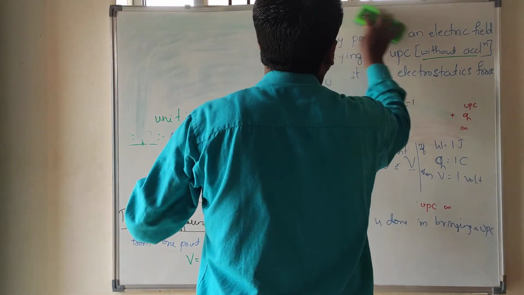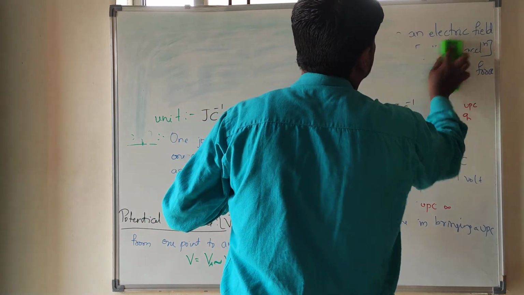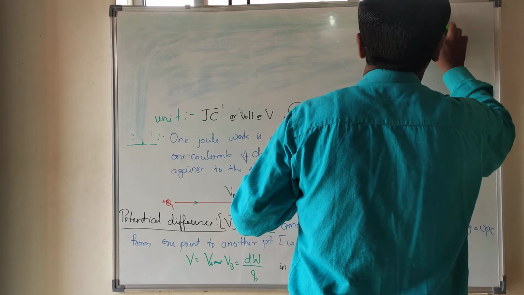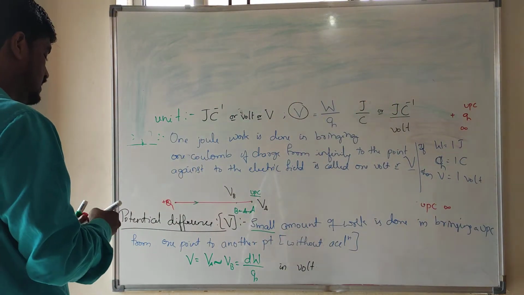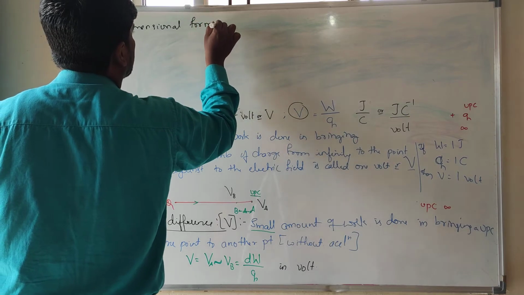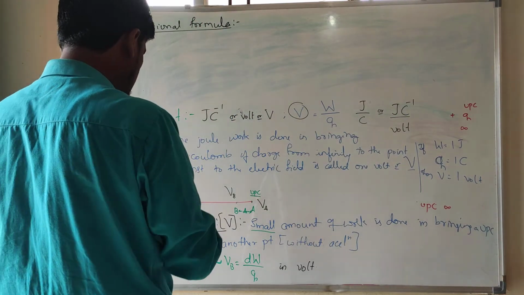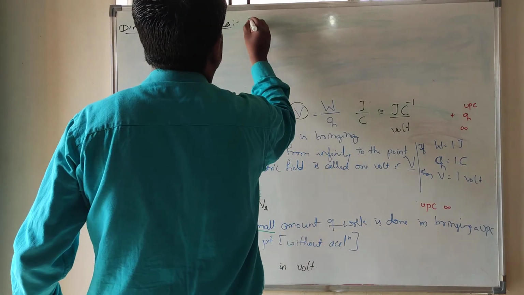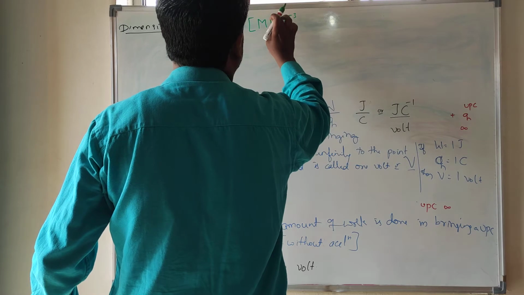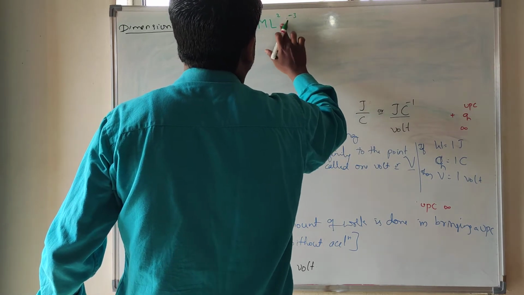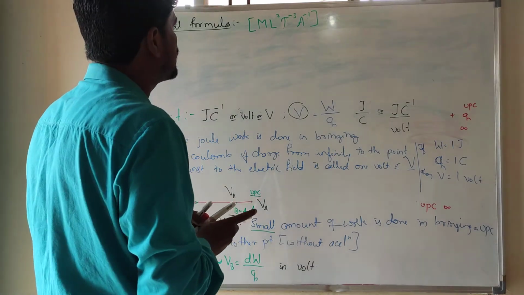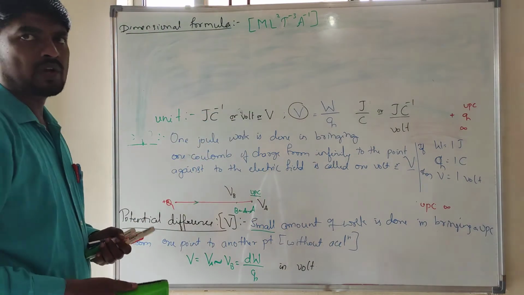The dimensional formula for potential difference is ML squared T raised to minus 3, A raised to minus 1. This is the dimensional formula for potential difference.